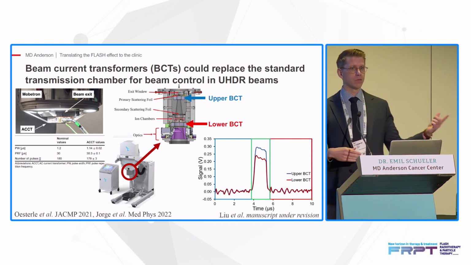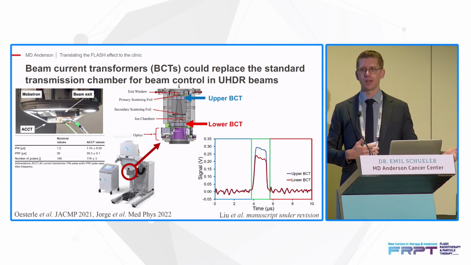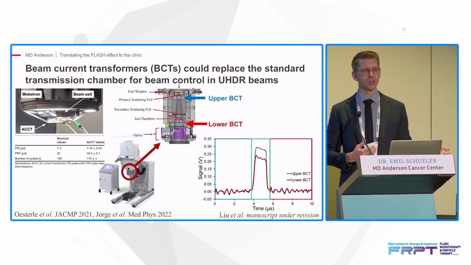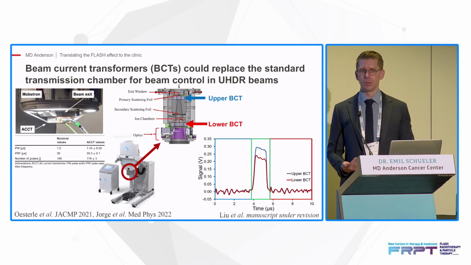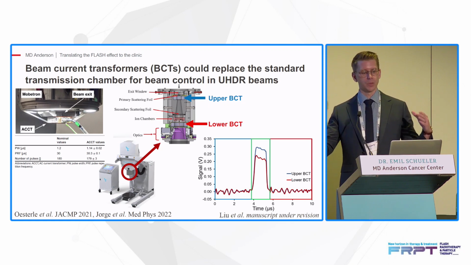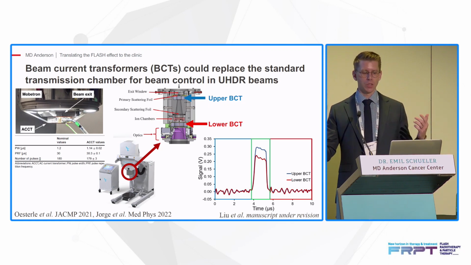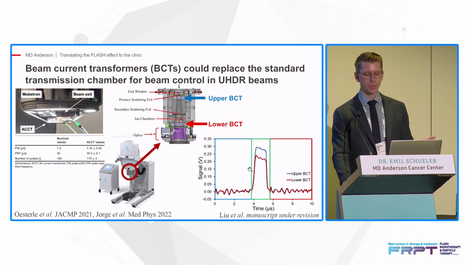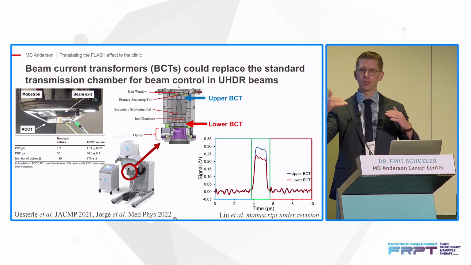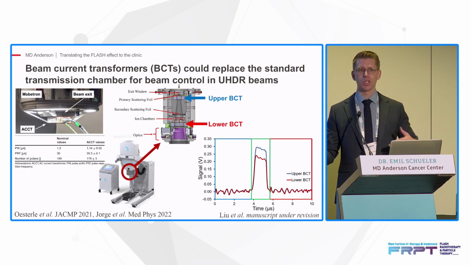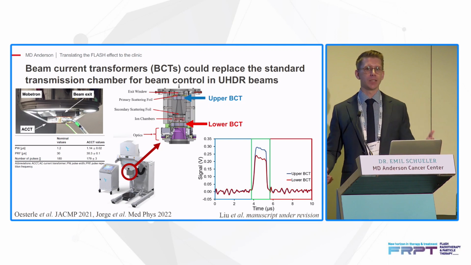It started with some interesting data coming out from Rafael Schüler and the Stanford group, looking at the feasibility of using beam current transformers. We took these and put them into the head of the LINAC so that we can see on a pulse-by-pulse basis the pulse structure, dose per pulse, pulse width, and instantaneous dose rate. We can analyze that in real time for each pulse that's being delivered.